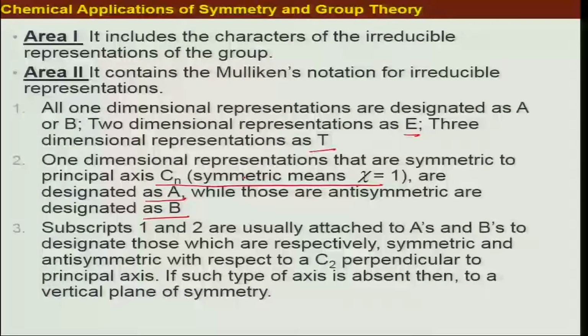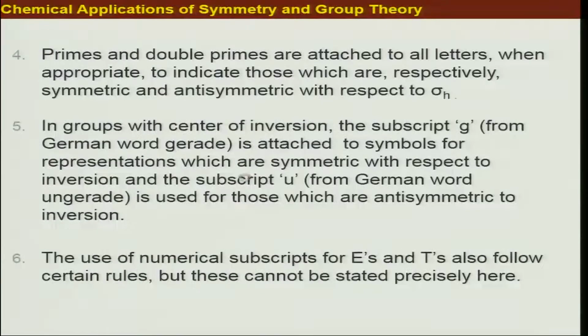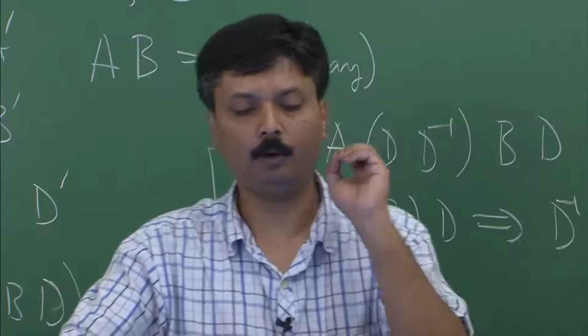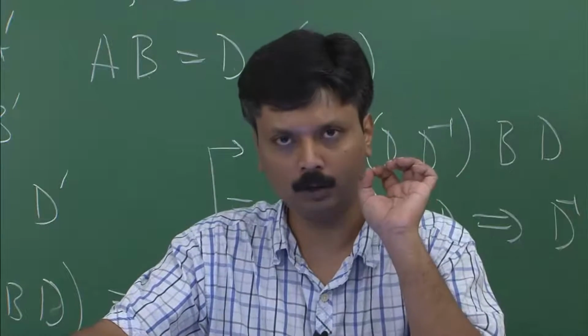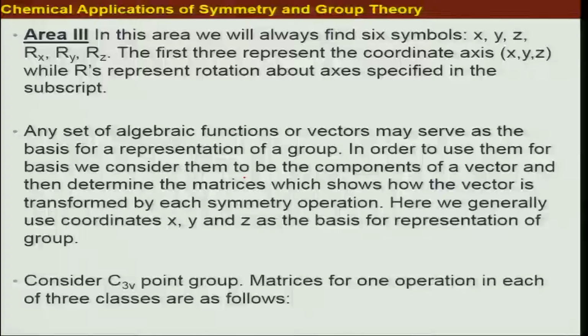So, you will find that these are the only 6 symbols that you have in area 3 always in all of the character tables. Now, their positions, I mean, they will be placed against certain irreducible representations. So, that will depend on the particular property of the irreducible representation corresponding to that particular point group. Those we will discuss in detail at a later stage.